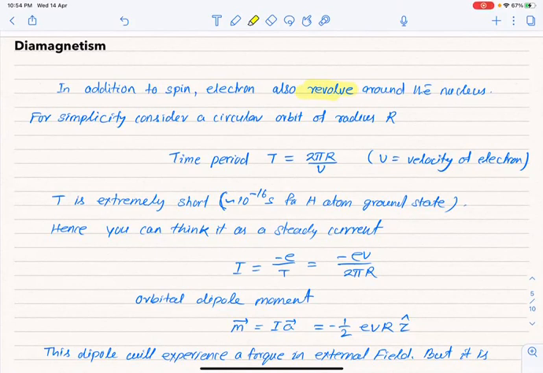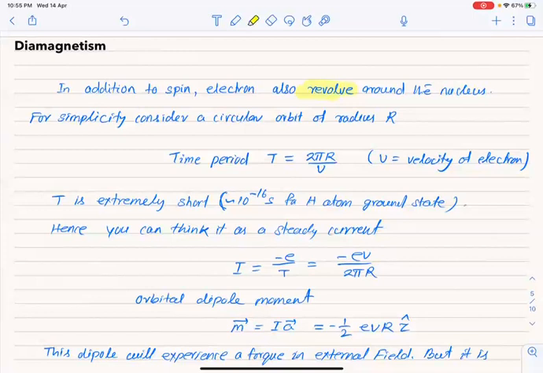So here you may be wondering, the electron is a discrete charge, right? So how would that constitute a steady current, so to say? For that you should keep in mind the time period. Let me give you some values. Let's consider a simplified system of a circular orbit of radius r.